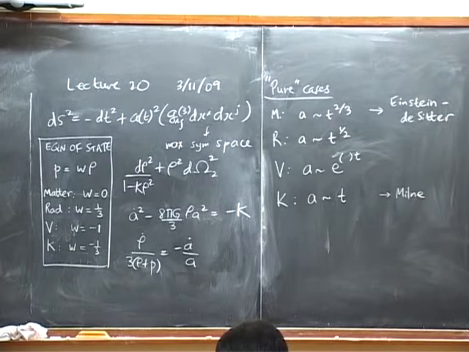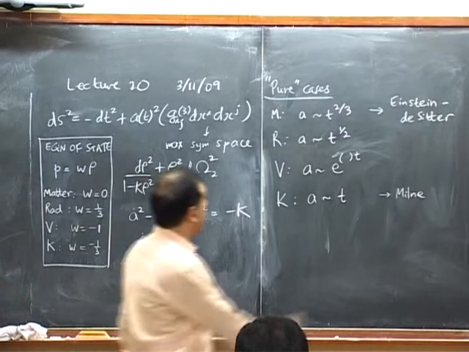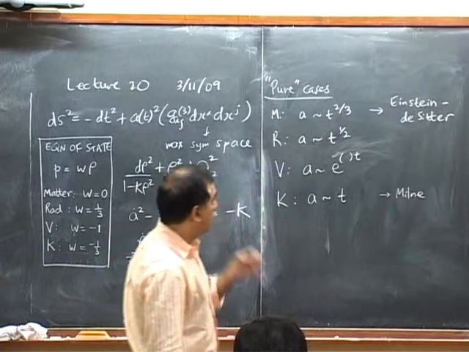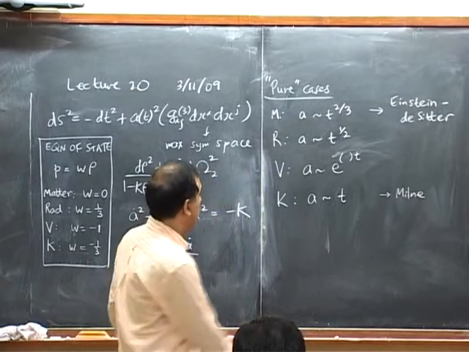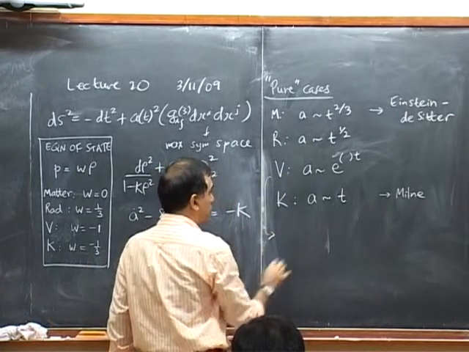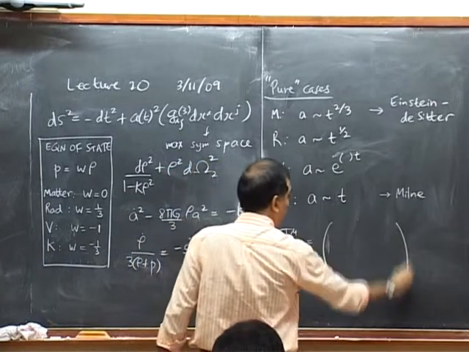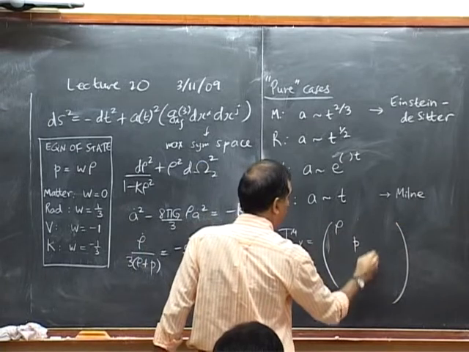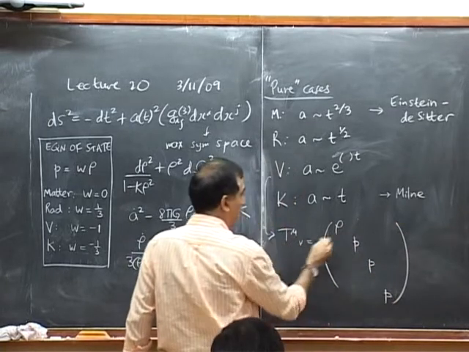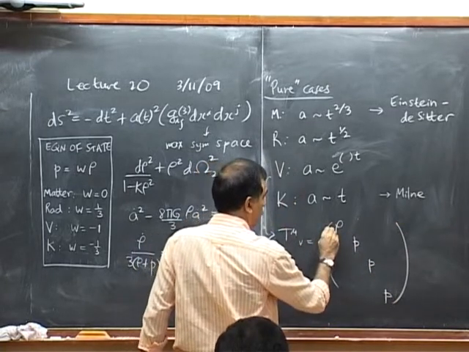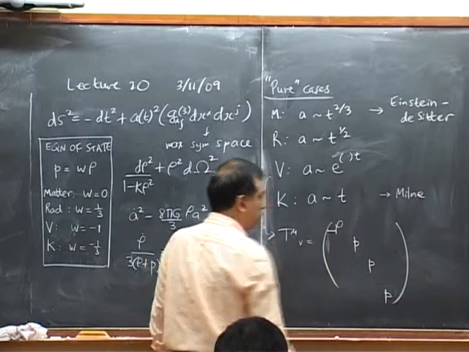The cosmological case is interesting. In the vacuum energy case, you have an interesting fact which I'll mention now. In this case, the energy-momentum tensor T mu nu, if you remember, was diagonal: rho, p, p, p, and with one index up, it's probably minus.